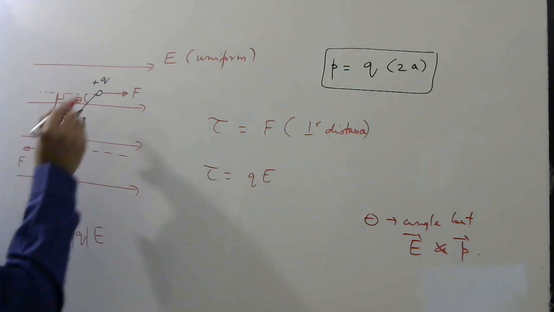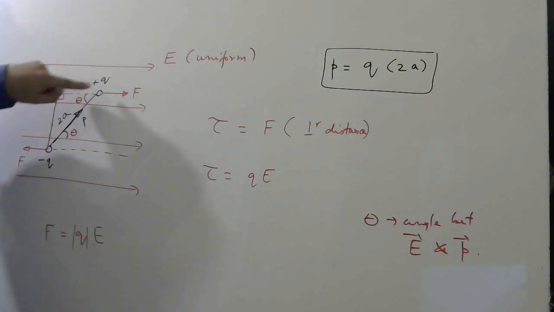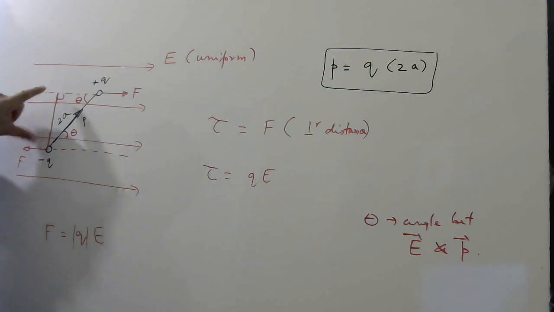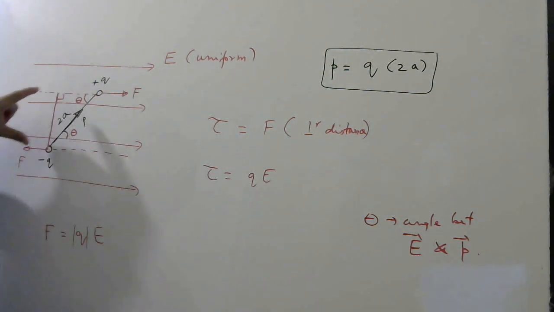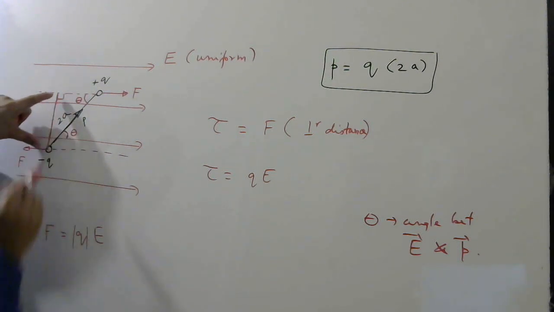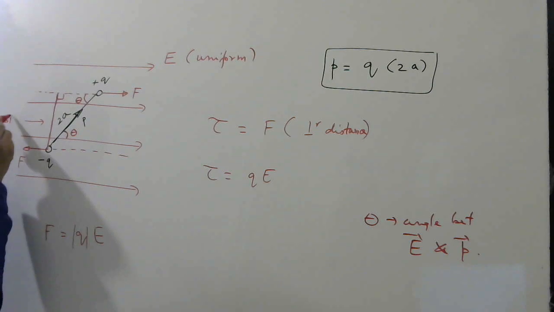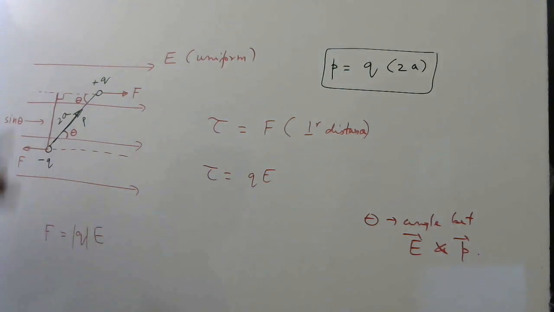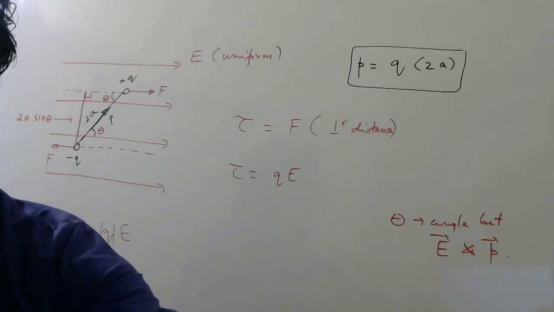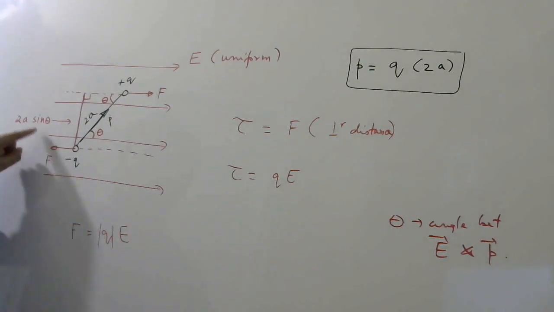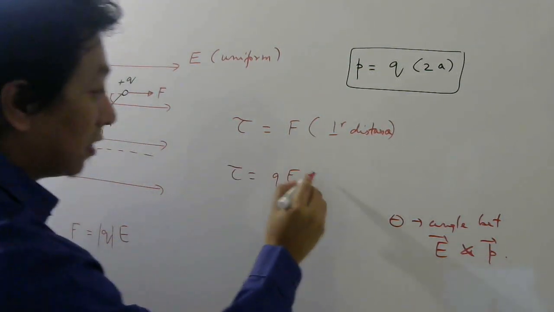And in this triangle, this is hypotenuse. 2a is the distance between the charges, that is your hypotenuse. This side I want. Perpendicular distance between the forces I want. That is your what side for this angle? It is opposite side. So opposite side is always hypotenuse into sine theta. Okay, so this is 2a into sine theta. Let us substitute this perpendicular distance here.